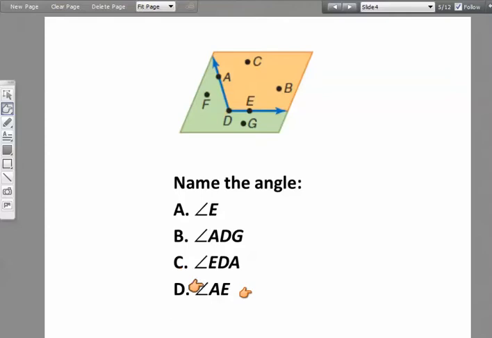So I'm left with B and C, so let's look where EDA gets us. Oh, I think I called that G maybe earlier. I don't know. EDA. And that one's going to work. I think I did call it G. That's my fault. I'm sorry about that. This is ray DE. So C is going to be the correct choice.